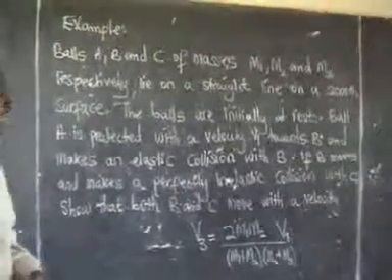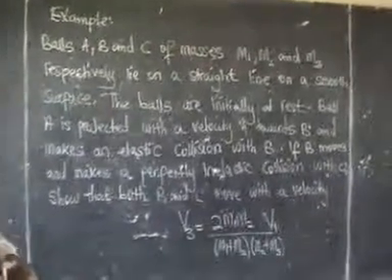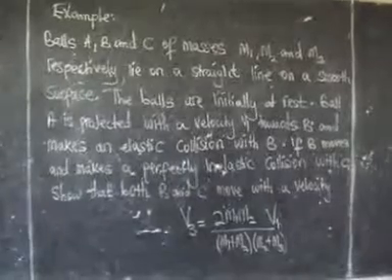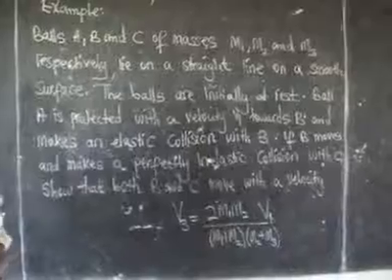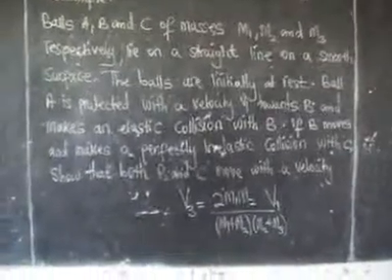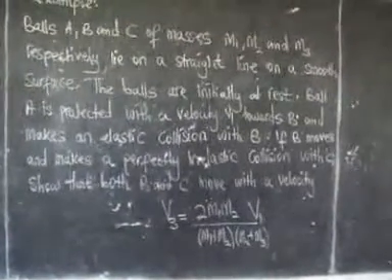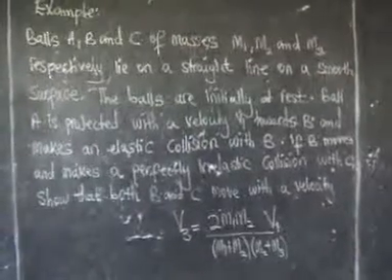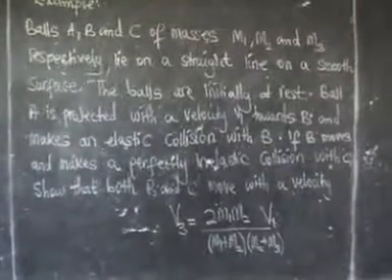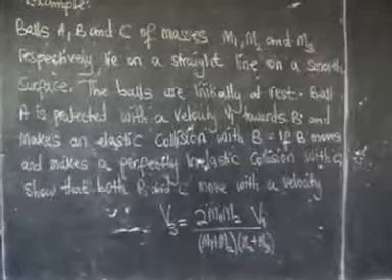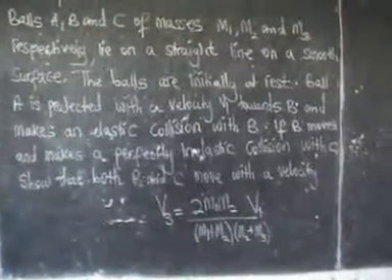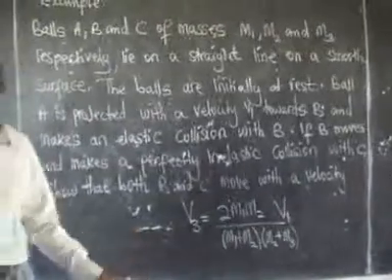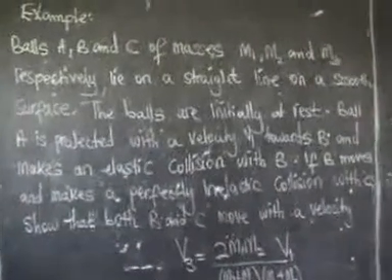The balls are initially at rest. Ball A is projected with the velocity v1 towards B and makes an elastic collision with B. If B moves and makes a perfectly inelastic collision with C, show that both B and C move with a velocity given in that expression.